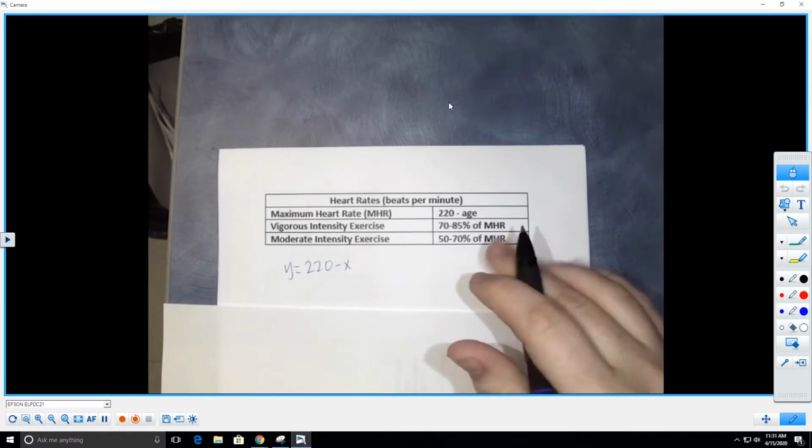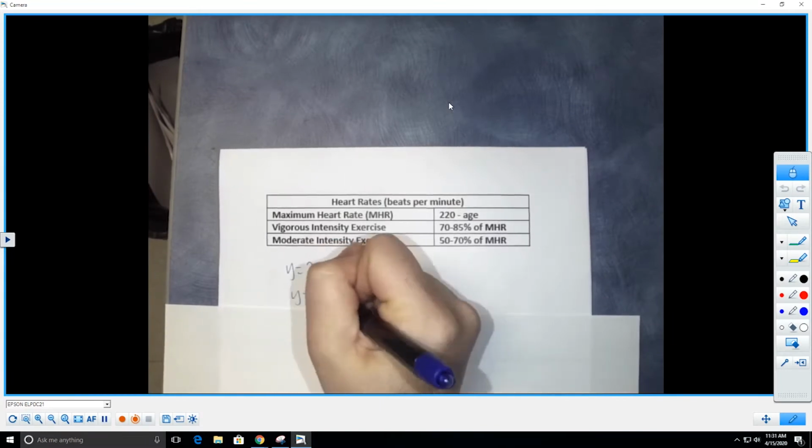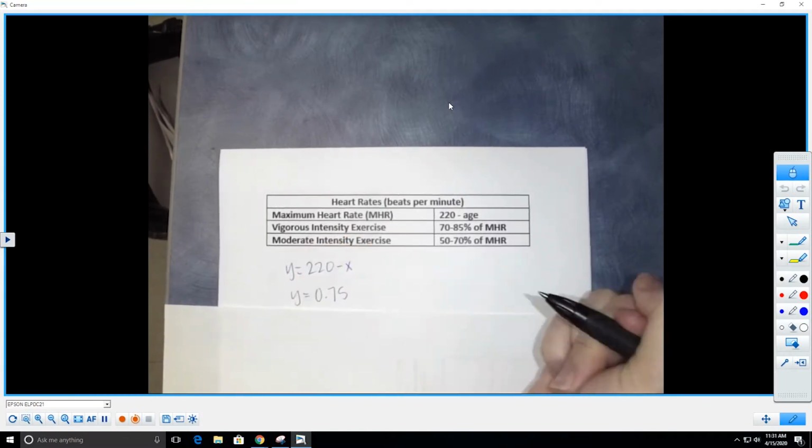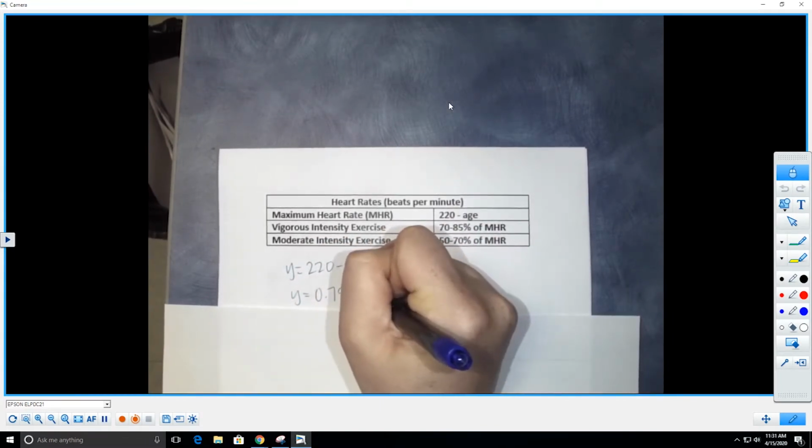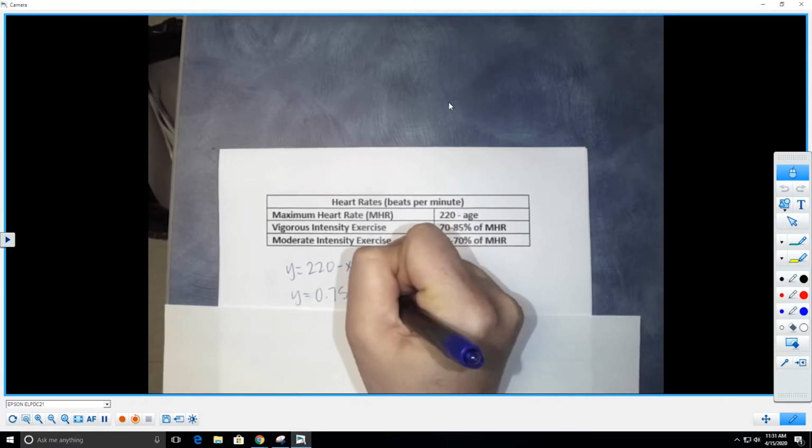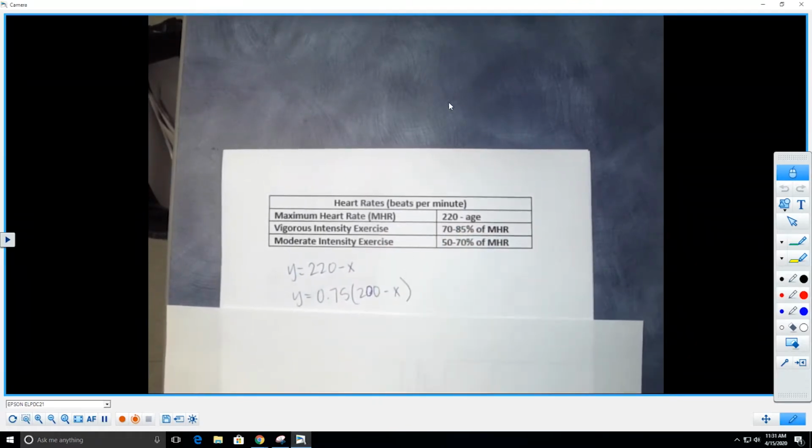If we want to represent 75% of the maximum heart rate, we can write the equation this way. Y equals 0.75, which represents 75%, times 220 minus X. For quick practice, let's evaluate this equation for someone who is 25 years old and someone who is 55 years old.